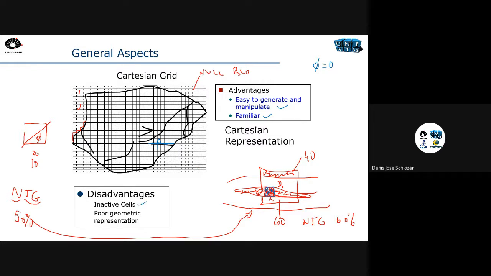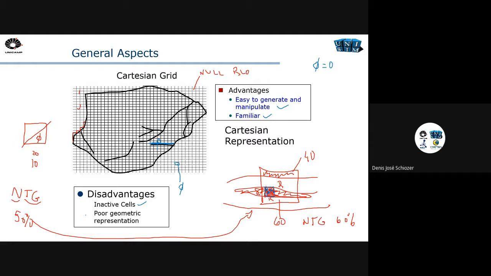Depending on the way you write the code of the simulator, you have to keep some memory to say that here is a block, but the porosity of this block is zero. So I have to use some memory to keep this information. So sometimes when the codes are not so good, the memory use for the Cartesian grids is bad. But there are ways to handle it, so it's not so bad as well, okay?